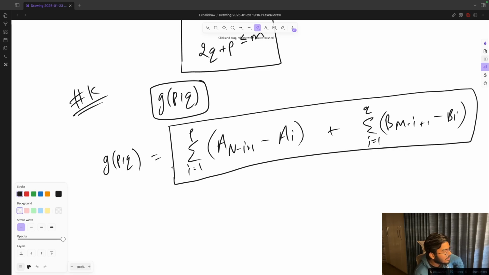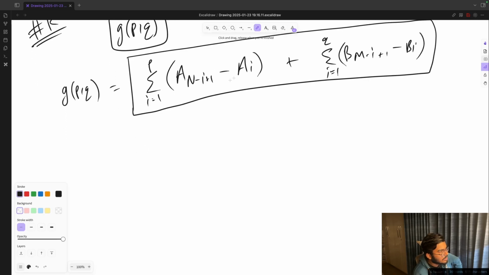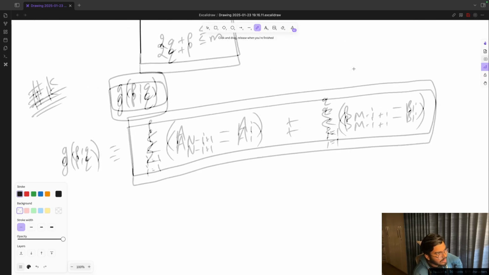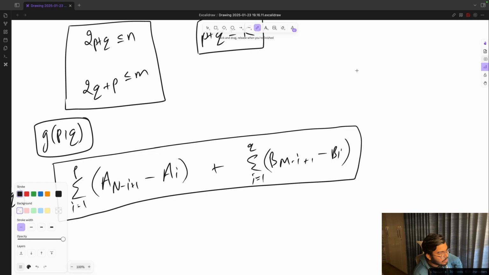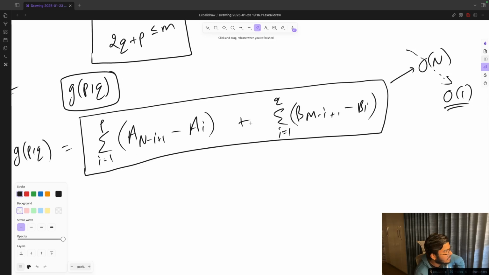Yeah, so if I give you a p and q value, you should be able to calculate this sum, right? It will take you big O of n time, right? So you can actually use prefix sums to do this in big O of 1 time. Just calculate a prefix sum of these a and b arrays, and you should be able to query these values in big O of 1 time, right?